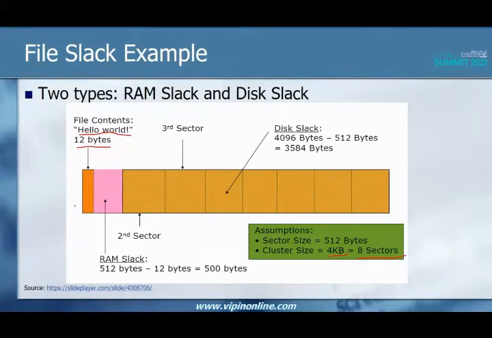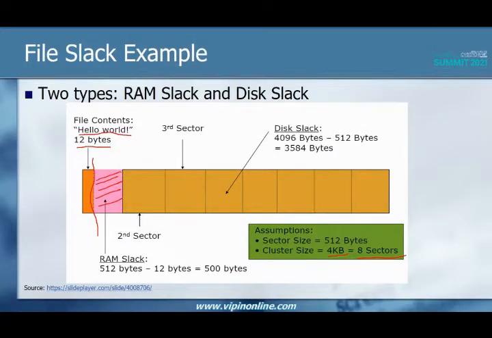To save a file, it needs to write it to a cluster. That cluster has 4 kilobytes and 8 sectors. Our file consumes only this much amount of space, but the rest of the sector needs to be filled.